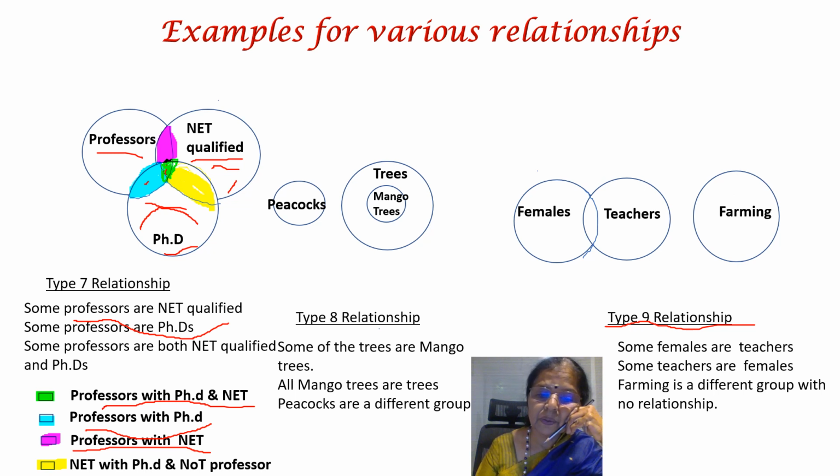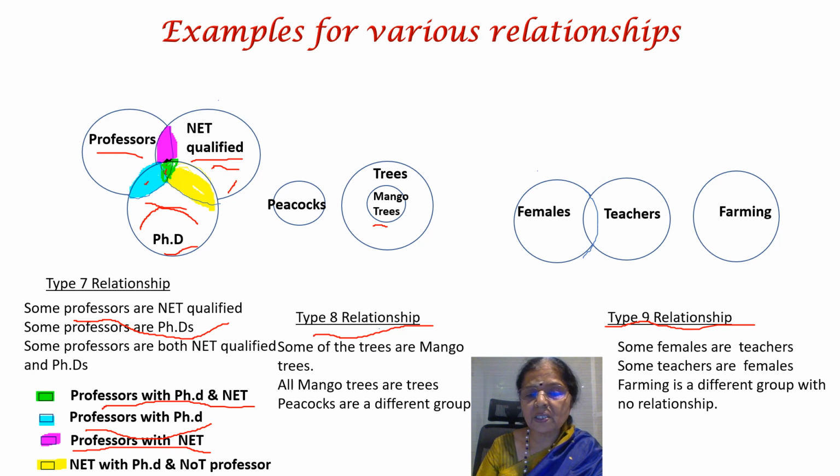diagram. Coming to the eighth type of relationship, we have got an example of peacocks, which is a group of birds, and we have got one big class called trees and the third class called mango trees. So we know that all mango trees are trees, so it comes inside the bigger group, trees.